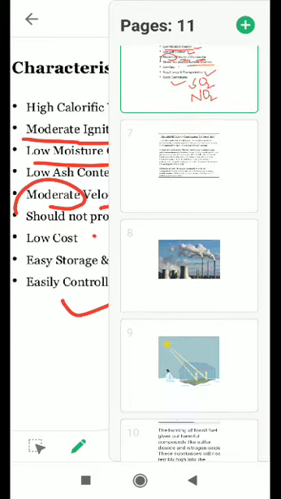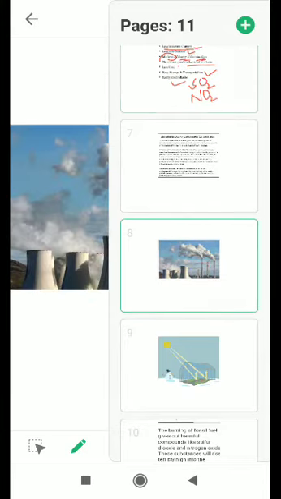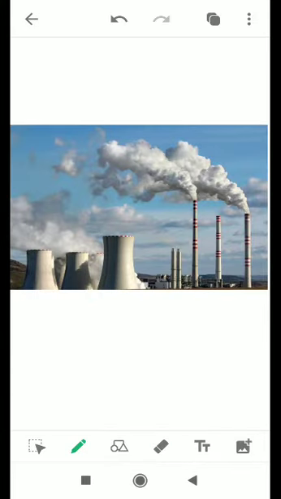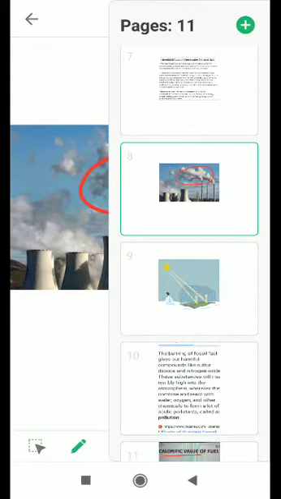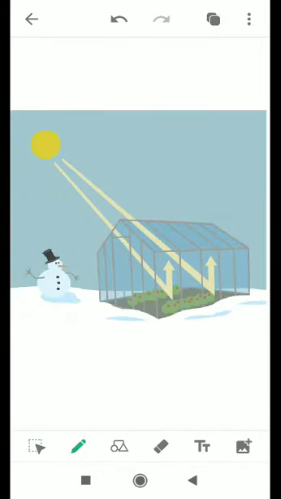Now let us see what happens when fossil fuel is burned, and what are the after effects of burning the fuel. Fuel burns and gives smoke in the air, which is very dangerous, and it goes to the atmosphere and causes different types of pollution. It also causes the greenhouse effect.